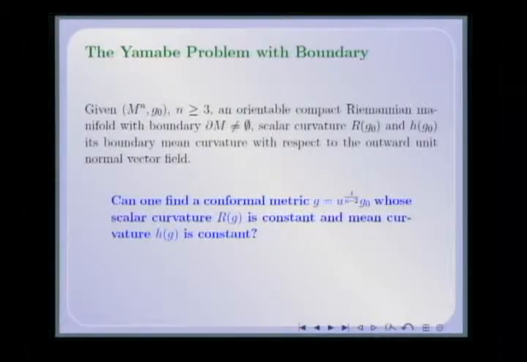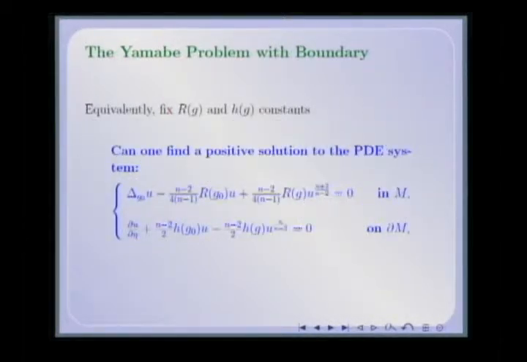So again, we can rephrase this problem as a PDE system in the following way. Fixing two constants here, one is going to be the scalar curvature and the other one the mean curvature of the boundary, can one find a positive solution to this system?